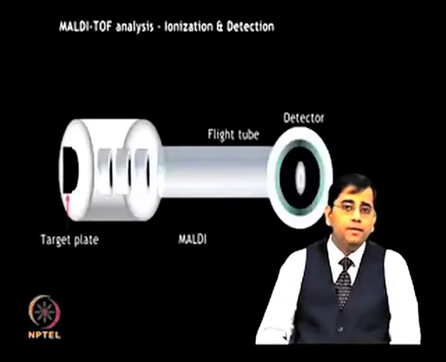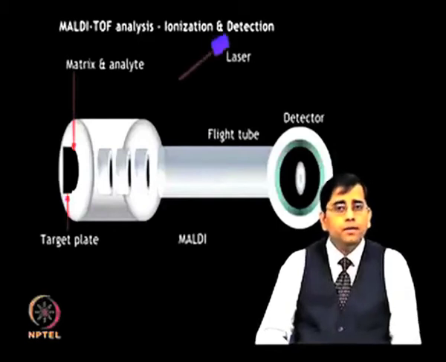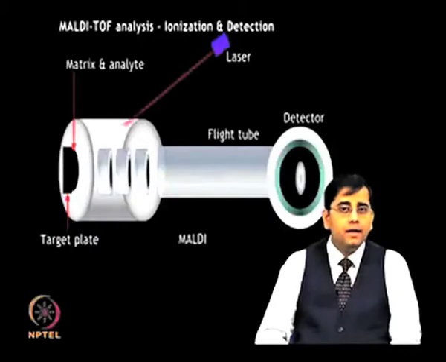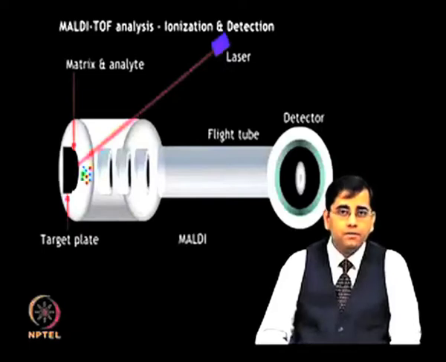The target plate containing the spotted matrix and analyte is placed in a vacuum chamber with high voltage and short laser pulses are applied. The laser energy gets absorbed by the matrix and is transferred to the analyte molecules, which undergo rapid sublimation resulting in gas phase ions.